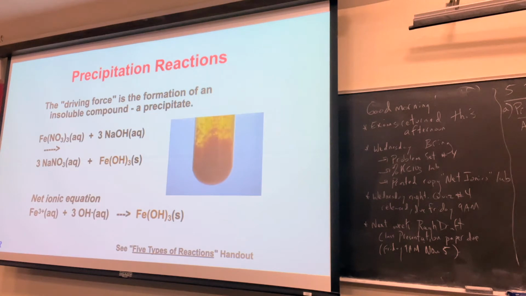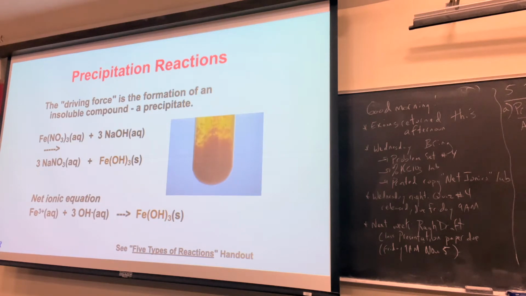And what usually happens is AX and BY are aqueous, and A will push B out, if you will. So AY is one of the new combinations, and one of them will create a solid. In chemistry, a precipitate is just a solid that forms in a reaction, all right? And the other one is almost always AQ.